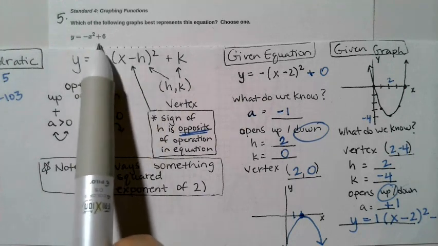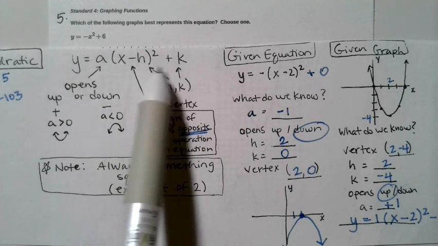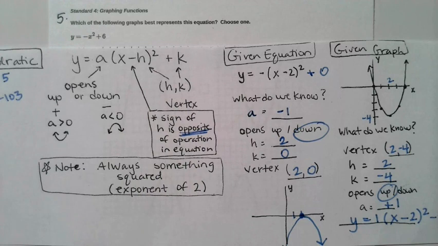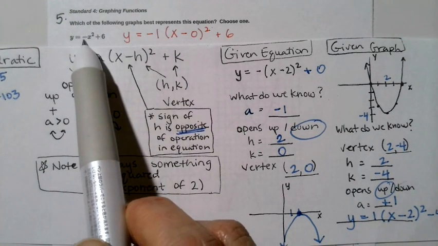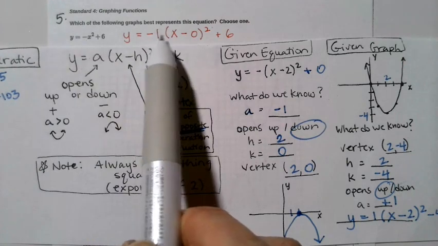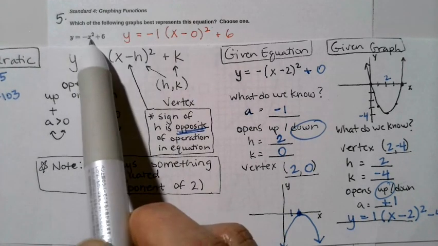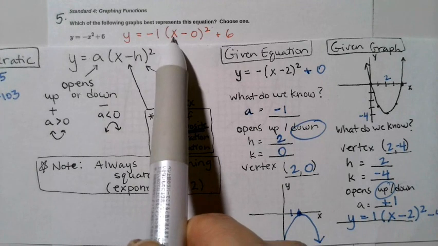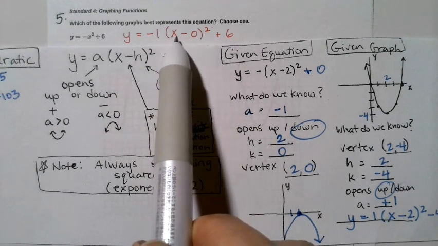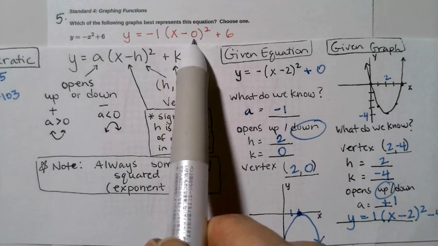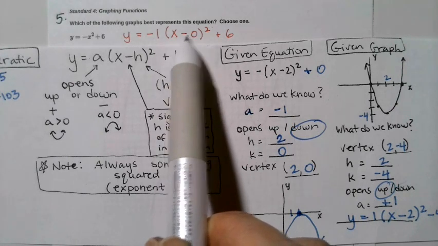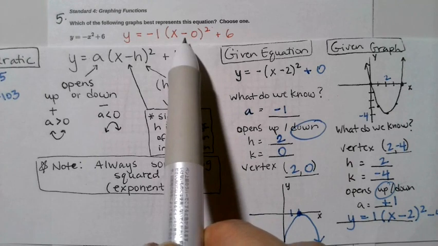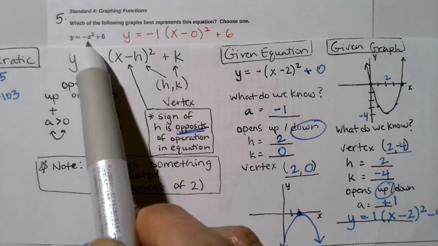We can rewrite this so it more completely matches our full vertex form. I can make that negative out in front as −1 times my x squared value. And x squared is the same thing as (x − 0) squared, where my h value is 0, because x minus 0 is still x, and that's still being squared. If I multiply that by −1, it's still negative x squared.